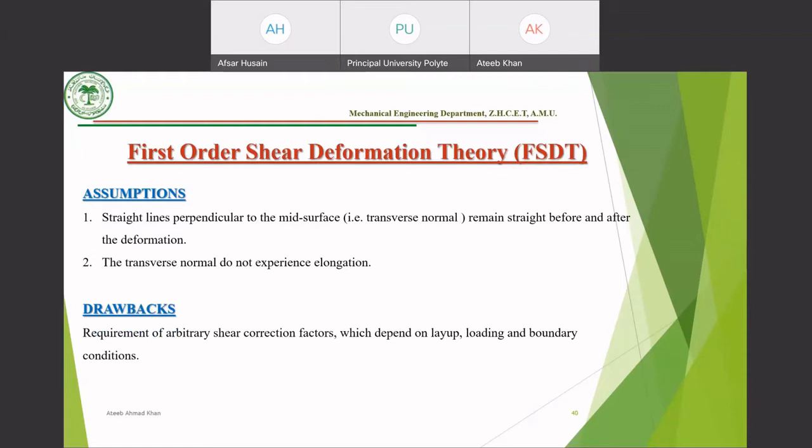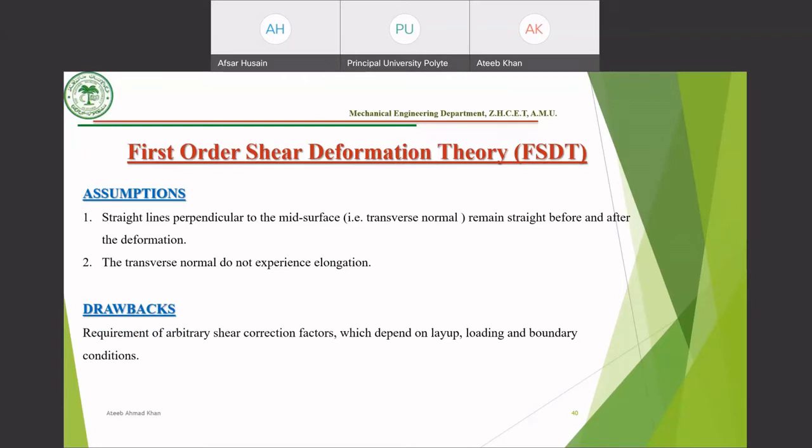Now, moving on to the second type of theory, which is the first order shear deformation theory. In this theory, we have to compute 5 unknowns, and the assumptions which remain valid for this theory are that the transverse normal remains straight before and after deformation, and the transverse normal does not experience any elongation, which means again that the strain in the direction of the transverse normal will be 0.